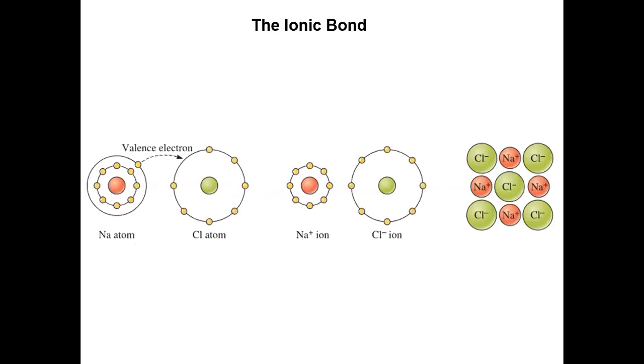right? Then the third one we call the ionic bond. There, let's think about sodium chloride, right? A sodium atom has 1 valence electron in its outer shell. It prefers to give it to another atom to become stable, right?